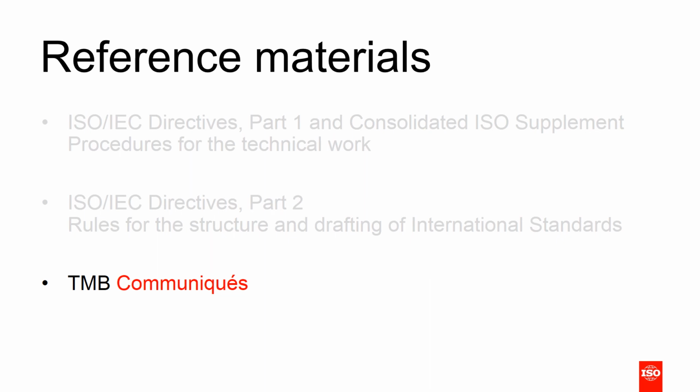So the TMB communique is released after each TMB meeting. It explains these resolutions that are taken and their impact on your work within the ISO committees and the day-to-day work of the committee leaders. So check the description to find the link to these TMB communiques.